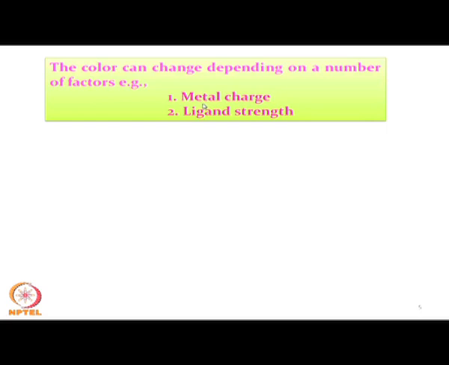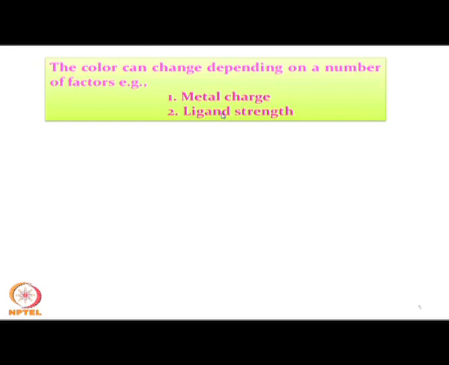Even in the case of vanadium in acidic aqueous solution, it has water molecules surrounding it, but due to the different charges on it, from a bivalent oxidation state to a tetravalent oxidation state, we see that the color is also changing from one to the other.